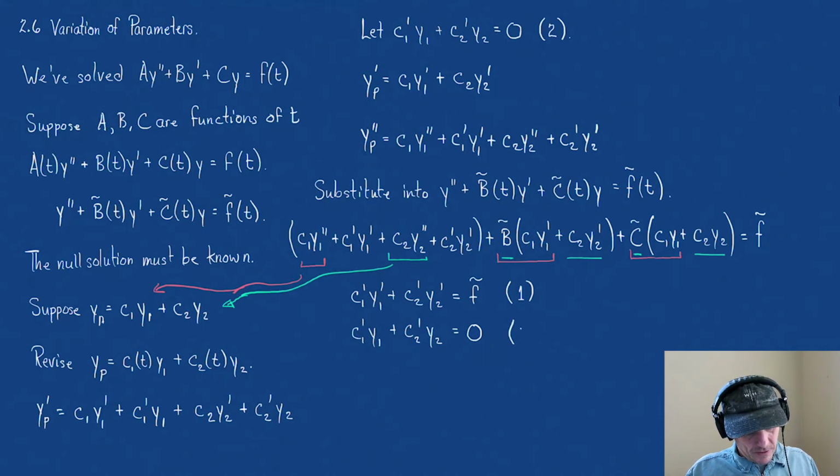This is equation 2. So this is going to be a little tricky here. So let's solve this by, we're going to have to multiply equation 1 by y1 and equation 2 by y1 prime.